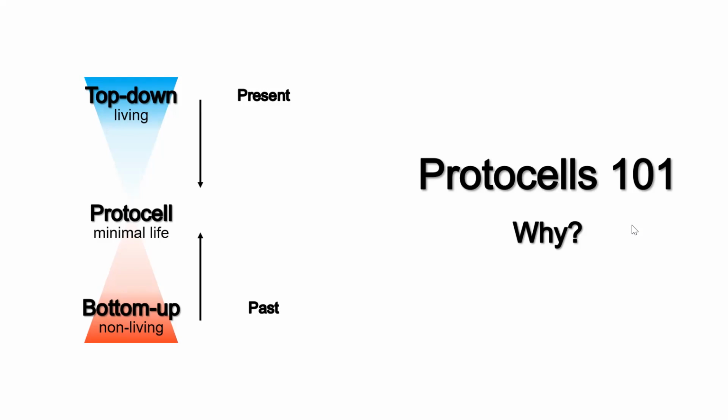The reason is that if we think about the bottom-up approach as the approach of prebiotic chemistry that starts from very simple chemicals and tries to combine them into something more complex that could lead towards life, and we think about modern biology and simplifying that, we find that the conjunction between these two is where minimal life forms could lie.